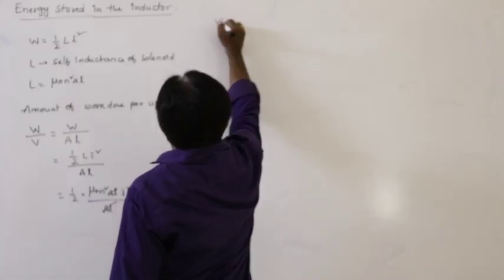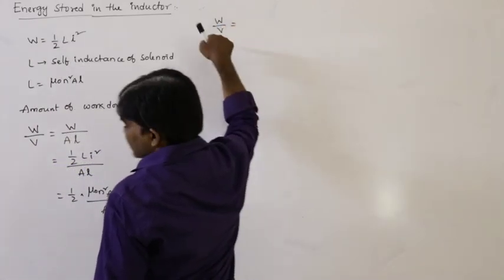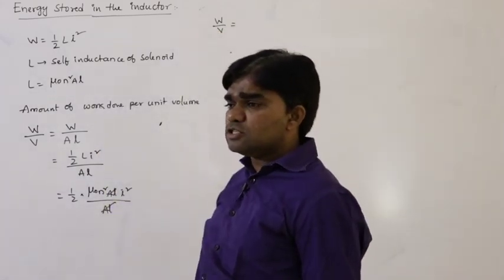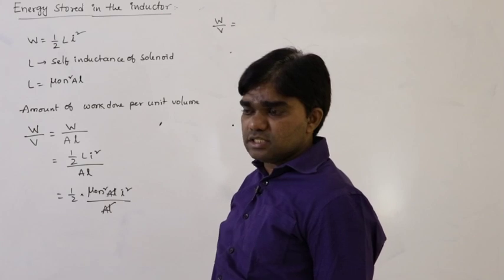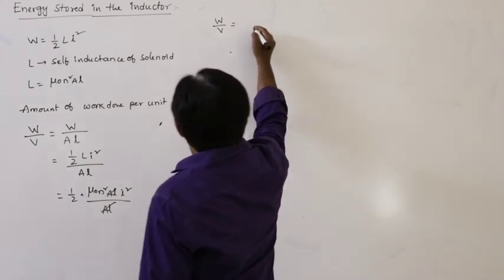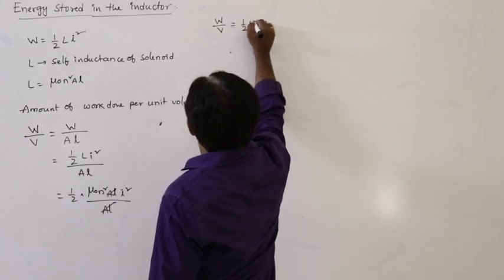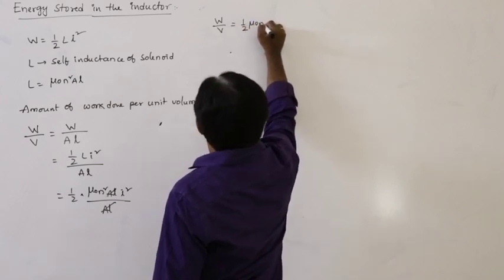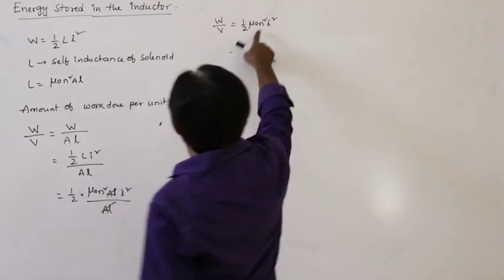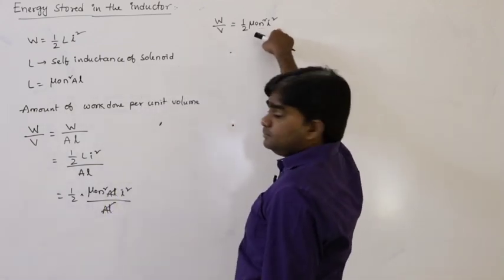So work done per unit volume, also called energy density. Remember, that's very important. It is half mu naught n square I square.